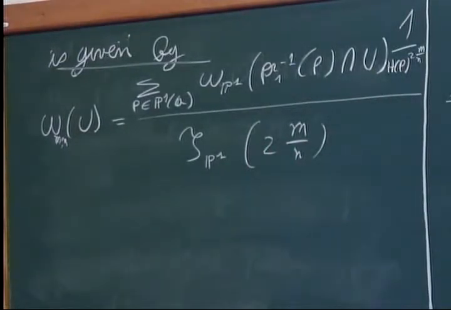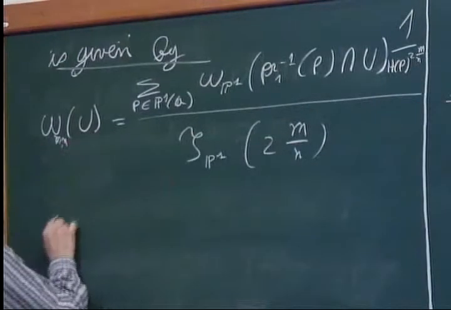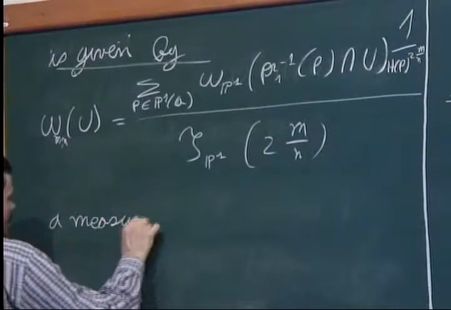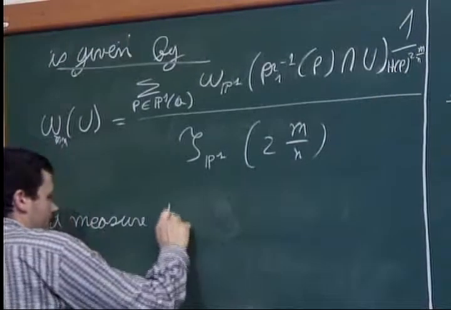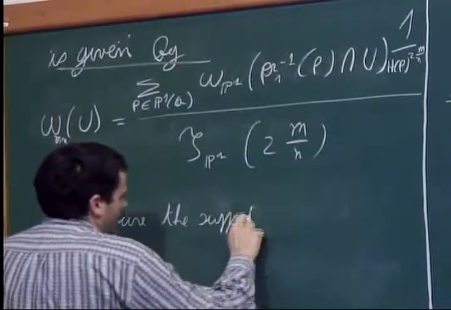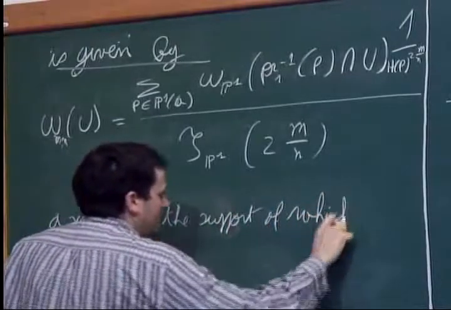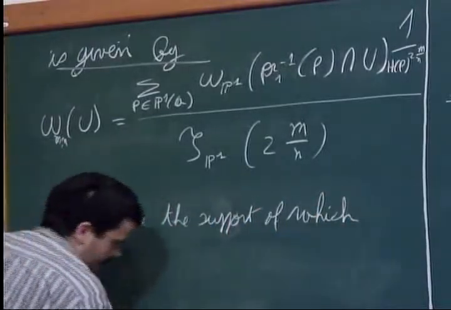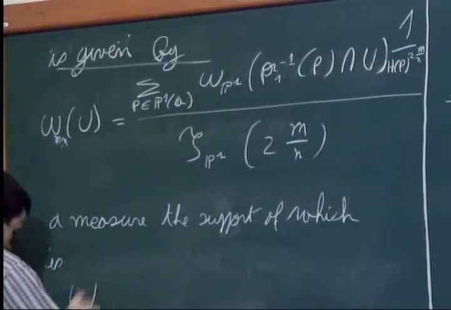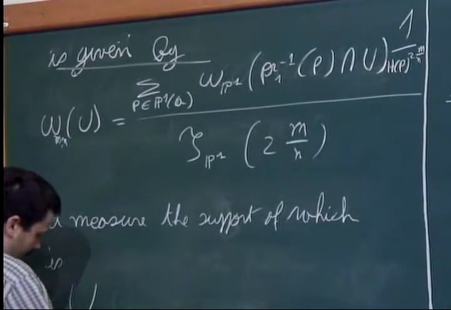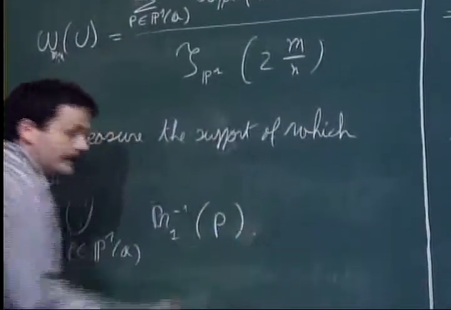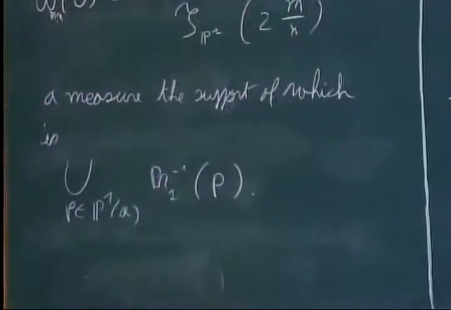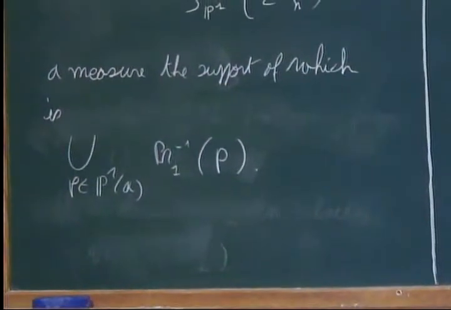Okay, so you see, it's a measure which is supported, or rather the support of which is the union for P belonging to P1 of Q of the fiber over P. So it's far from being a continuous measure.